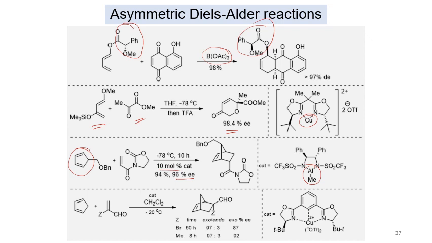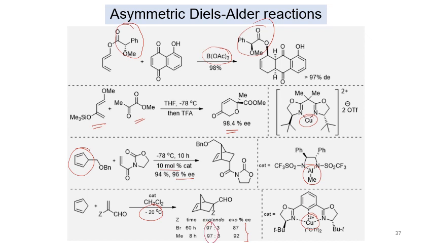In the next example, you can see once again, this is also an oxazoline based chiral ligand. Again, it is copper based. This also is the synthesis of a bicyclic compound and has been carried out at low temperature with very high selectivity for the exo.